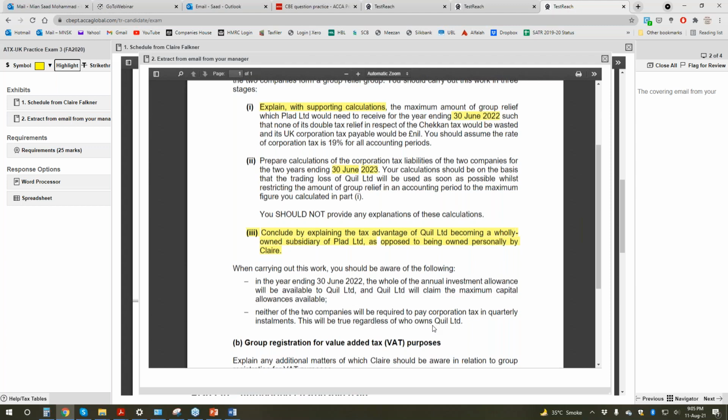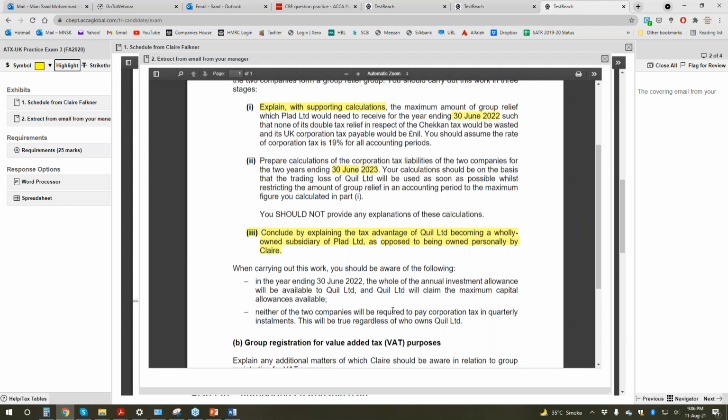Guys, the companies that pay CT in installments are the companies with turnover above 1.5 million. But this has already been mentioned in the question, so I do not have to consider this. Every remaining company that earns below that limit needs to pay its corporation tax in 9 months and 1 day after the end of the accounting period.